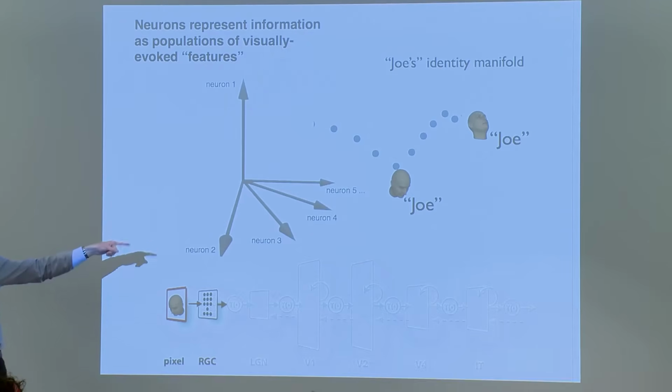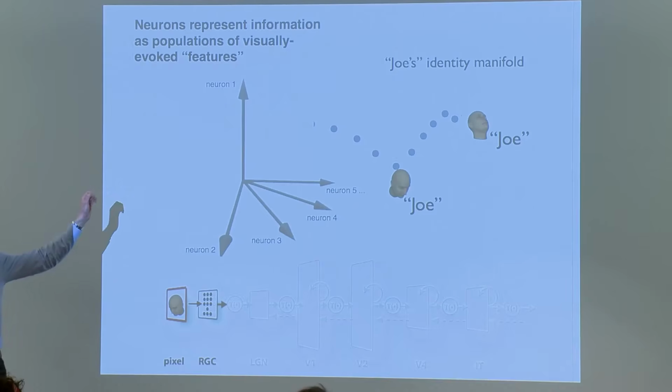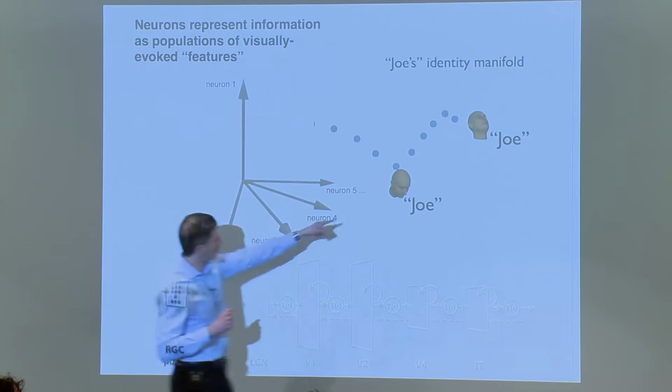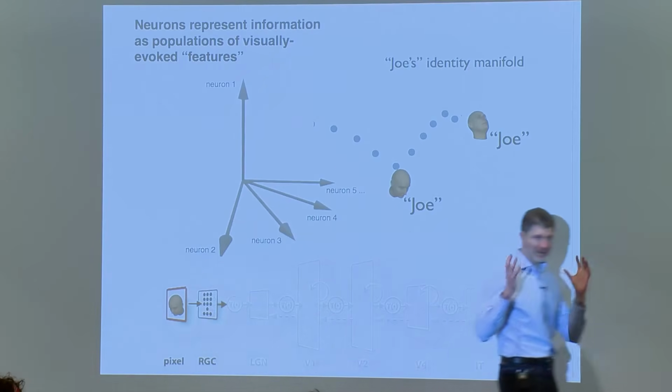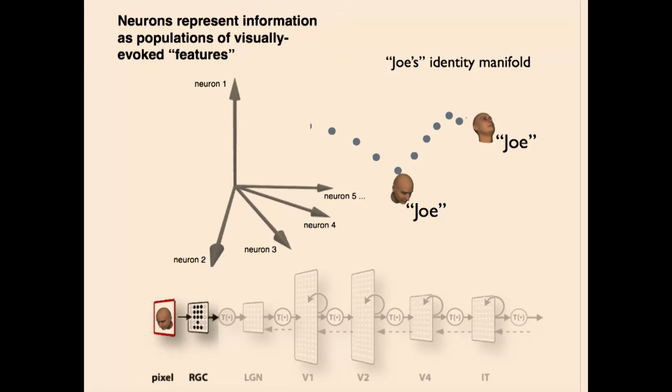So there's this person, evidently named Joe, who's being seen from different views. Okay? And those different views create different images. All right? So each one of those images will generate a representation, which again in this framework is a point in this high-dimensional space of neural responses. Okay? A collection of all of those points, we're going to call a manifold that corresponds to Joe. Okay?